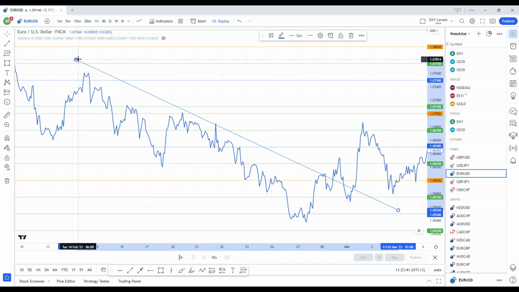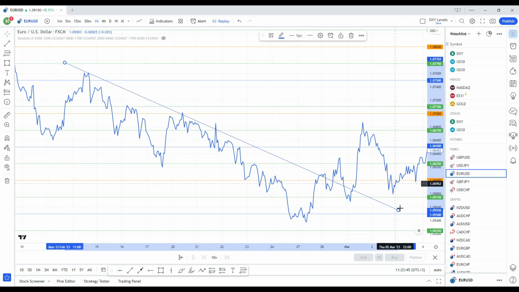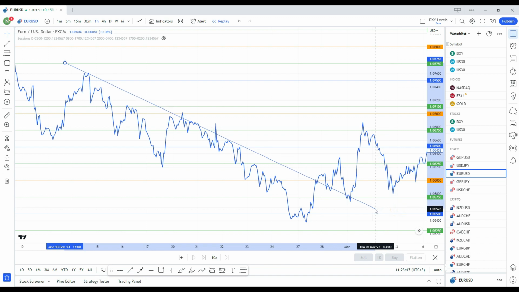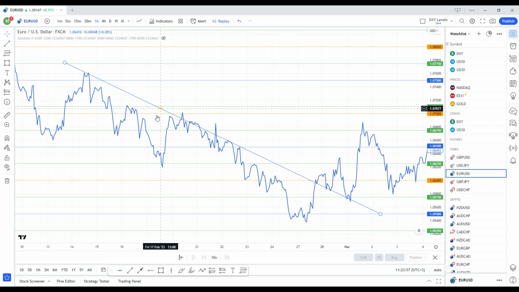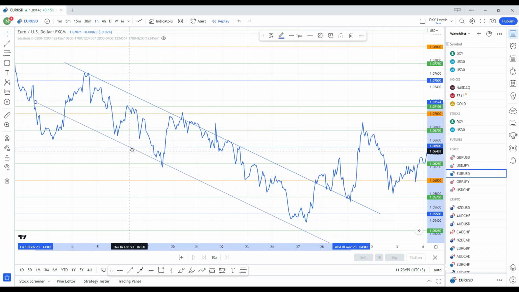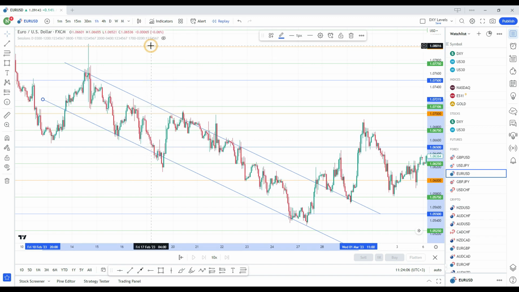You switch your chart to line so that you can get perfect touches on your trend lines. Then you can take it back to candlesticks.